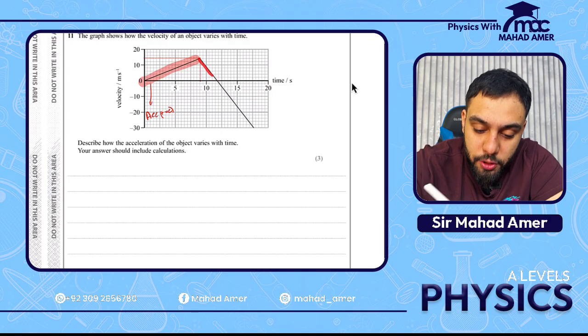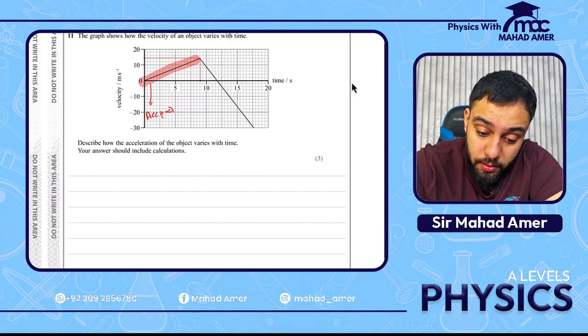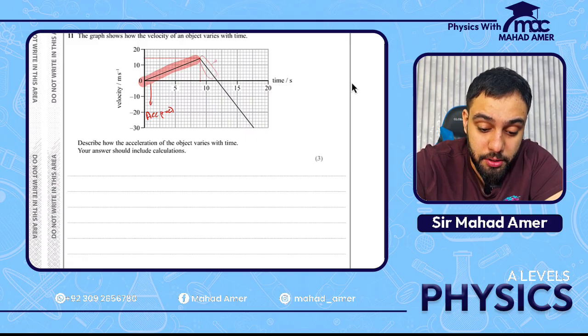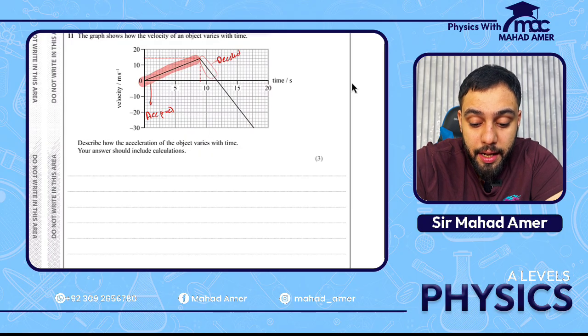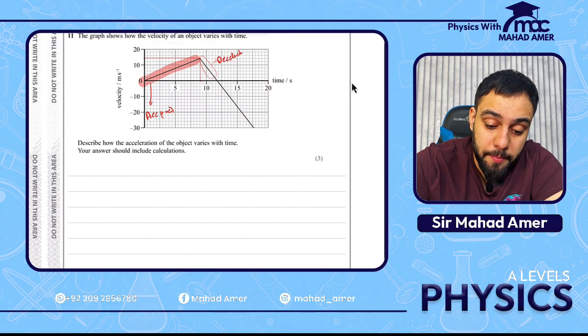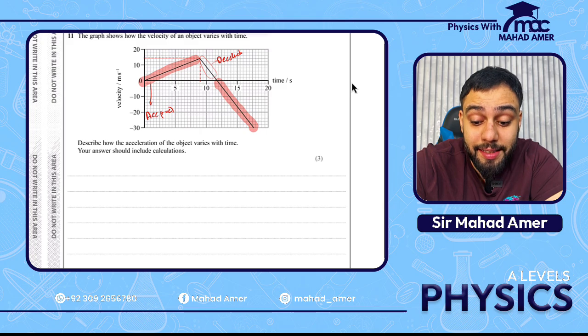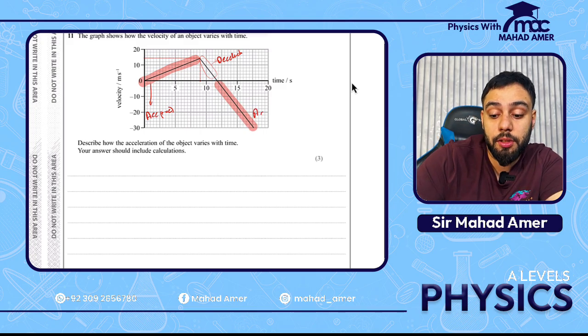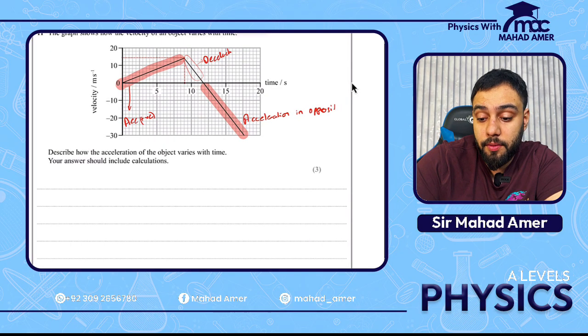This part of the journey shows deceleration because the velocity is decreasing, and this is deceleration in the positive direction. And from here to here, this part of the journey is acceleration in the opposite direction, because the velocity's magnitude is increasing.